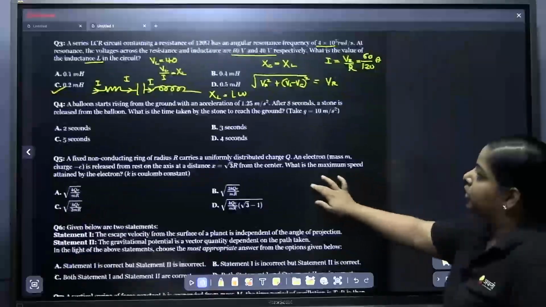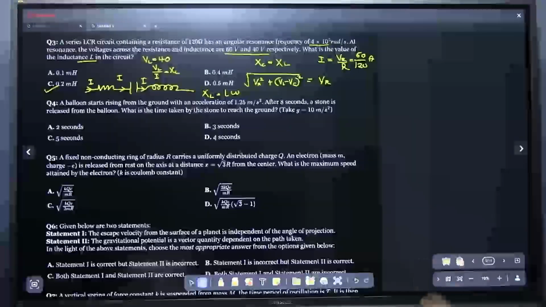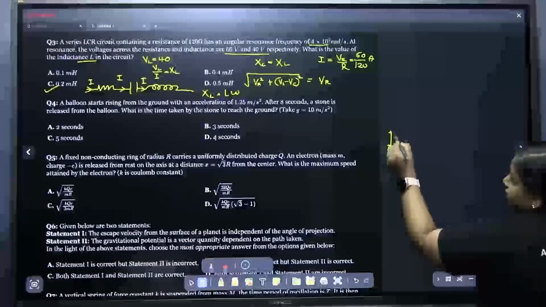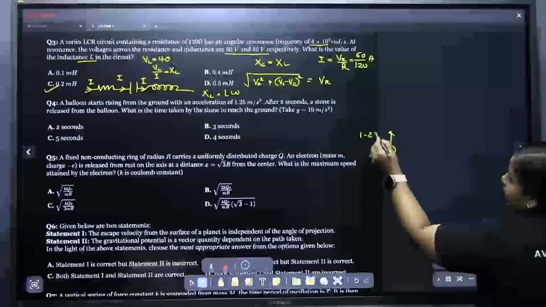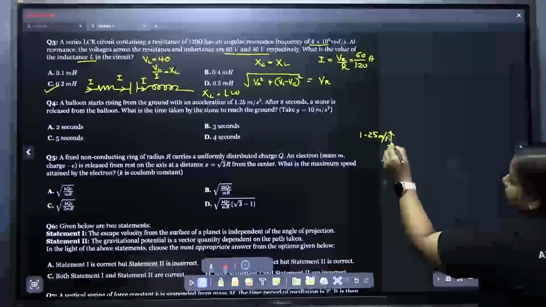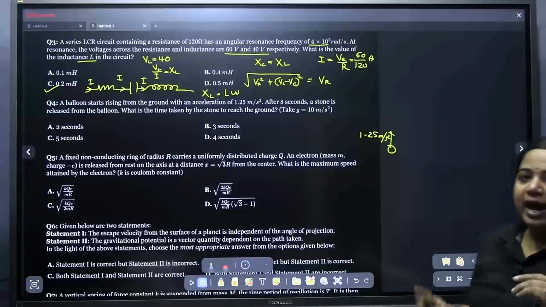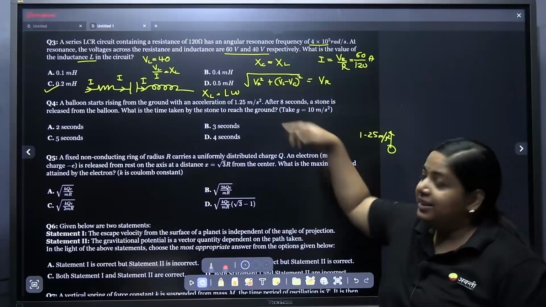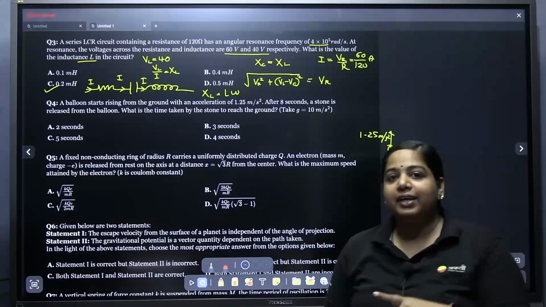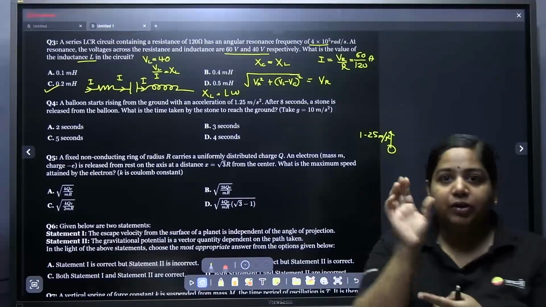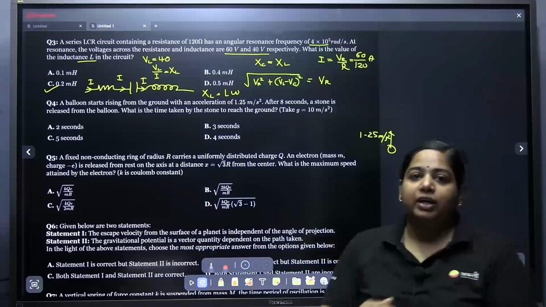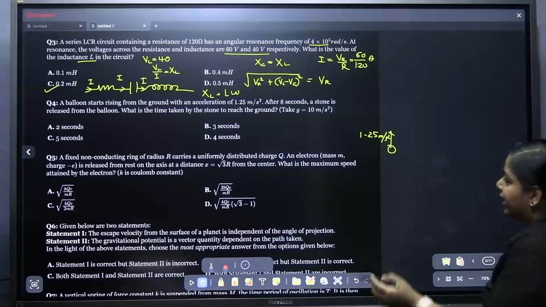After 8 seconds we have to see what is the velocity of the balloon and also what height it is at. To find height, it is easy.